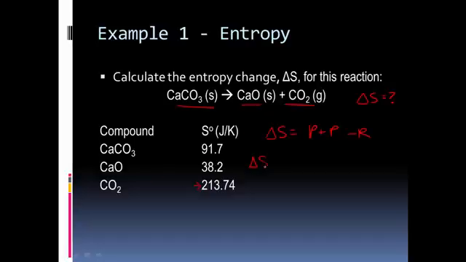So anyway, our delta S takes our first product. Well, our first product was the CaO, calcium oxide, and its value is 38.2. So we're going to take 38.2 plus CO2, so 213.74, minus the reactant, calcium carbonate, which is 91.7.